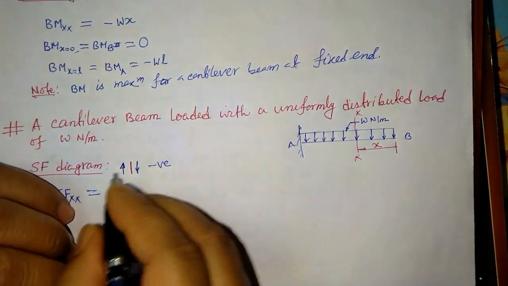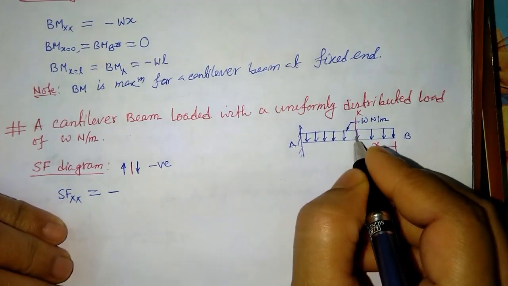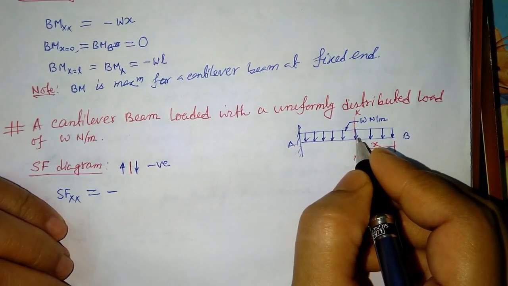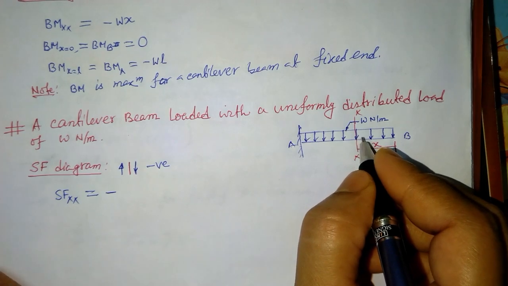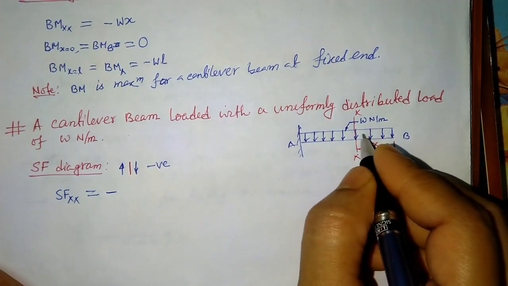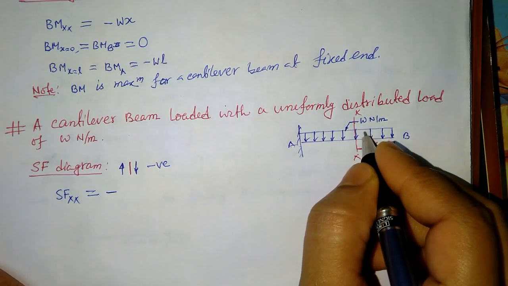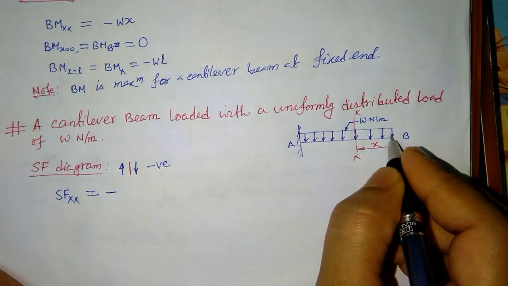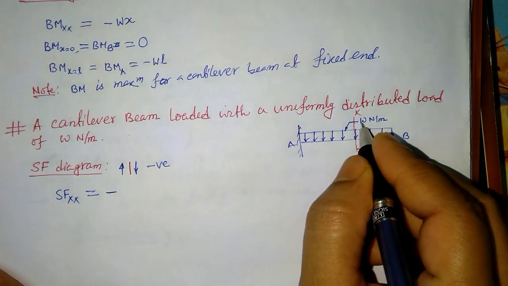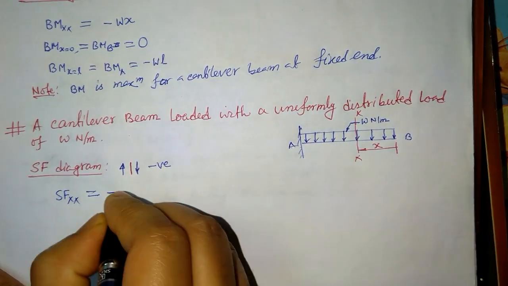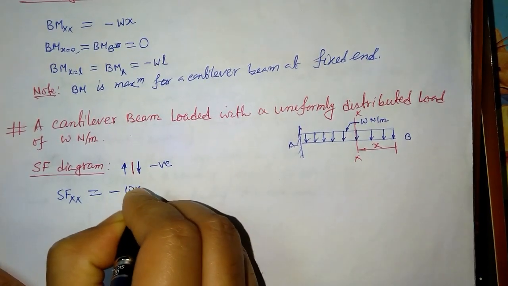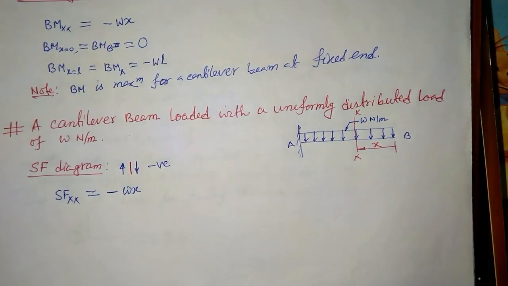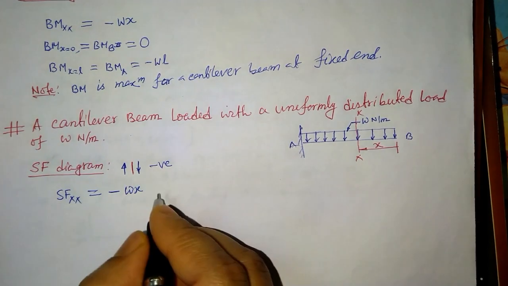And what is the value of the load? Already we have calculated: if there is a UDL, uniformly distributed load, then total load is the load intensity into the length, meaning the area of a rectangle. So this height is W and this length is x, so the total is W into x. Okay, so this is our shear force.